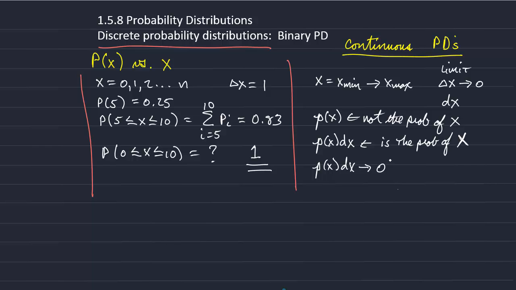So when we assess probabilities, we assess intervals of probabilities. So the probability of x being between, for example, A and B, we would write as an integral of little p of x dx, where x goes from A to B. And of course, what is the probability of all x?